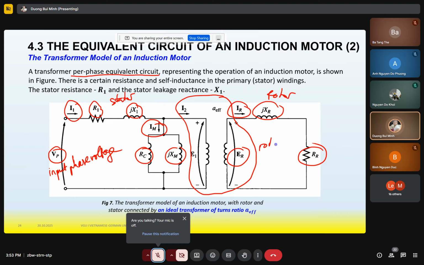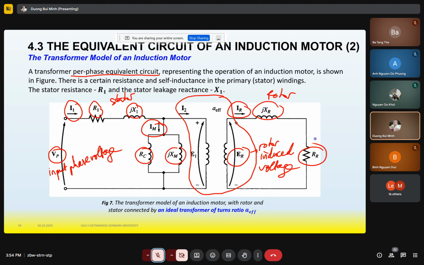So this one is the rotor induced voltage. I2 is not shown here, it should be here. IR or I2. Anyway, here we have the air gap.